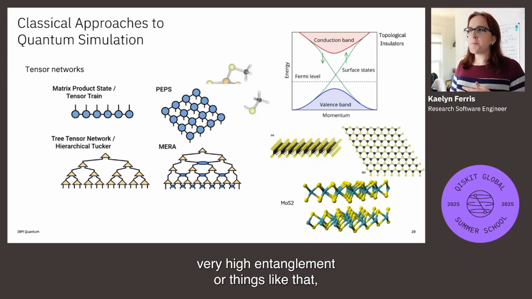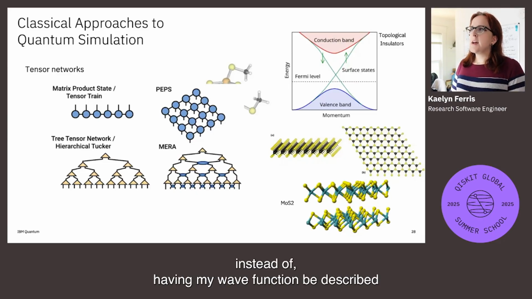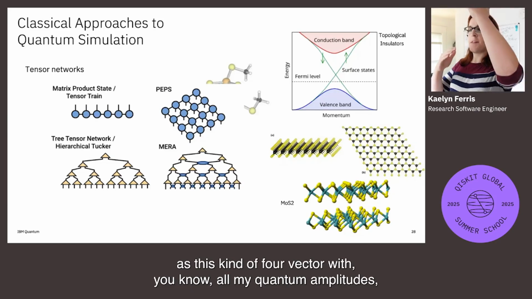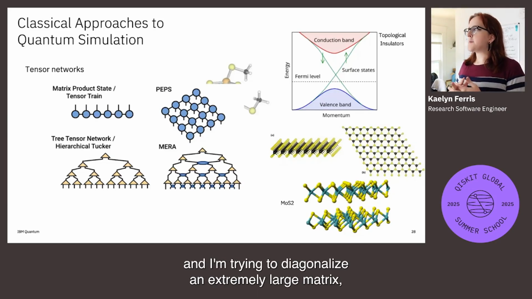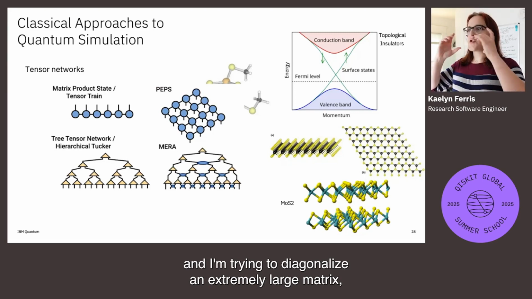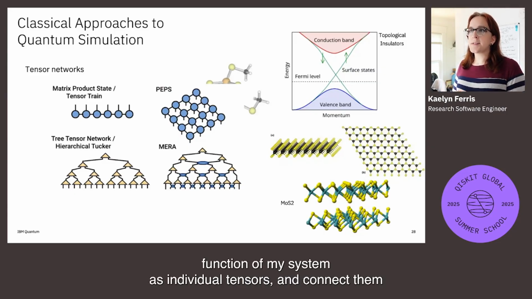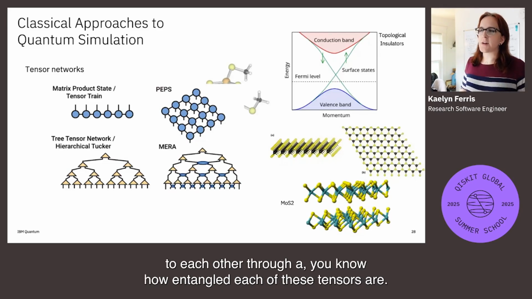Essentially, instead of having my wave function described as a full vector with all my quantum amplitudes, and trying to diagonalize an extremely large matrix, I'll represent the wave function of my system as individual tensors, and connect them to each other through how entangled each of these tensors are.